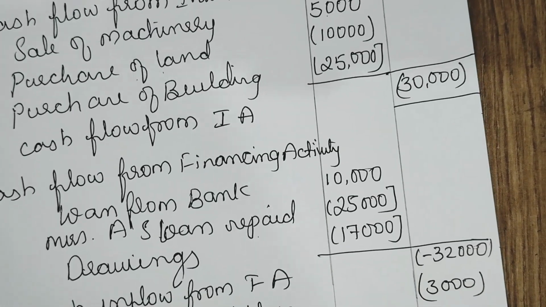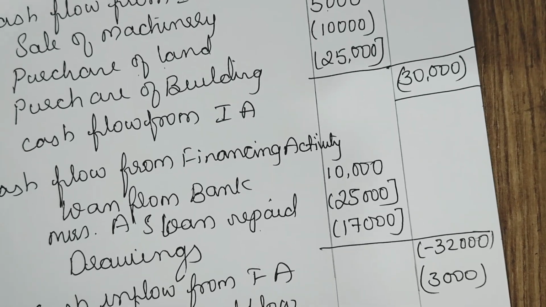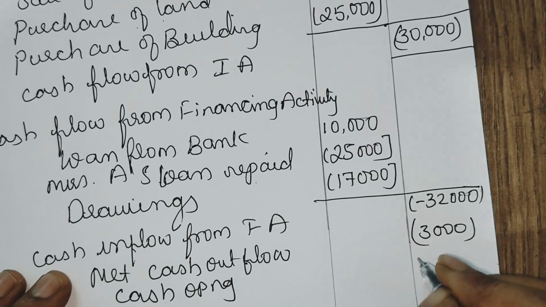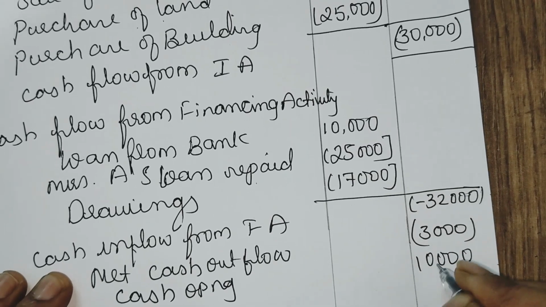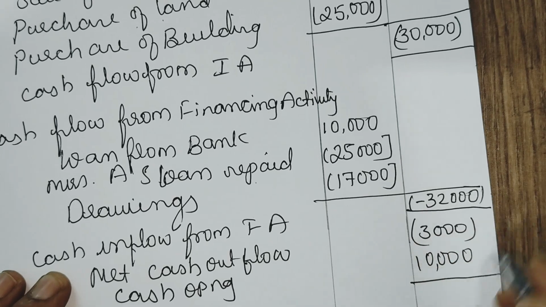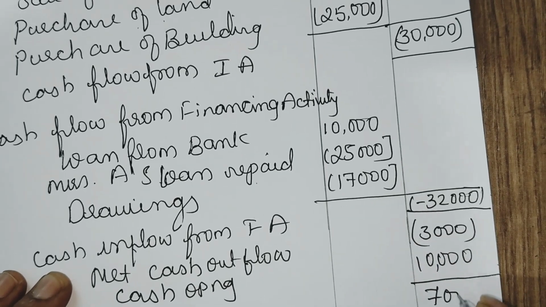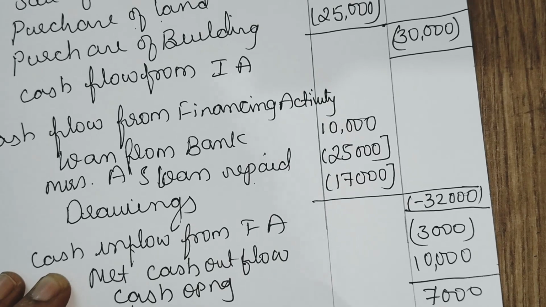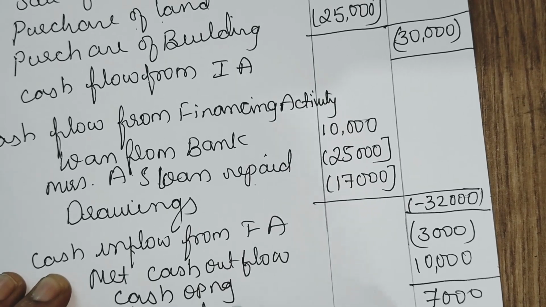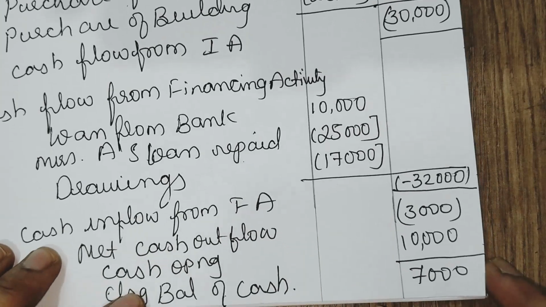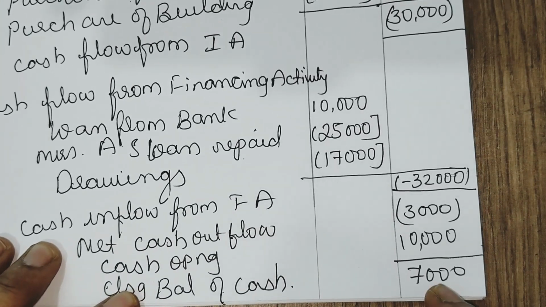What is the opening balance of cash? Cash opening is 10,000. 10,000 minus 3,000 is 7,000. Closing balance of cash is 7,000.